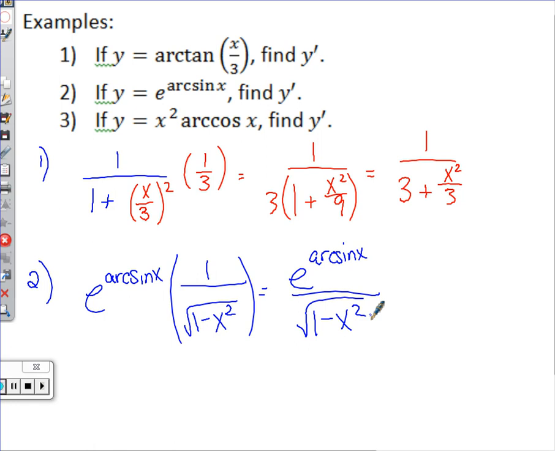Where it gets fun is when they turn it into product rule. Then it just gets ugly. I hide nothing. It's not pretty, it just is.